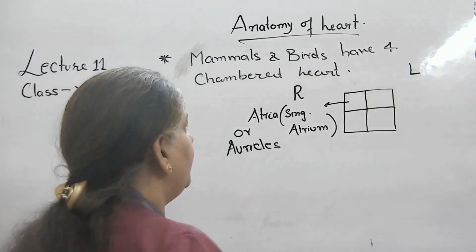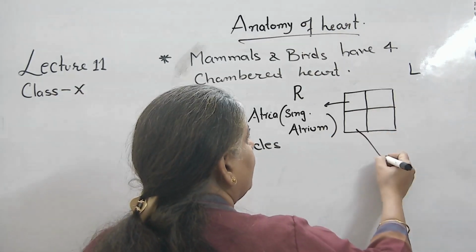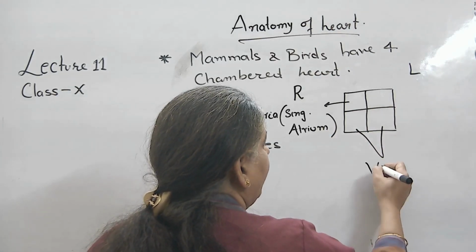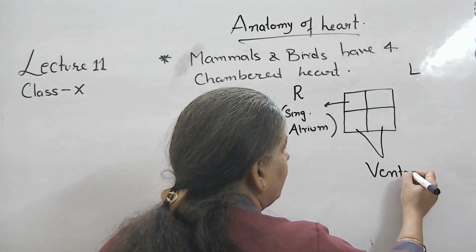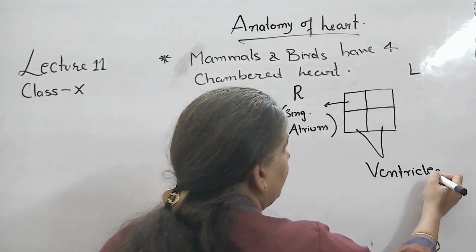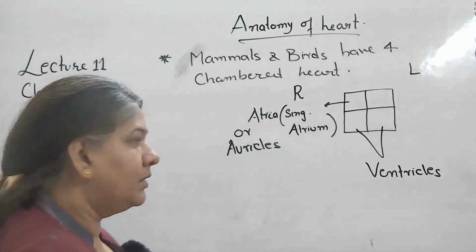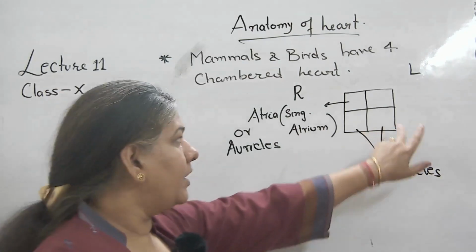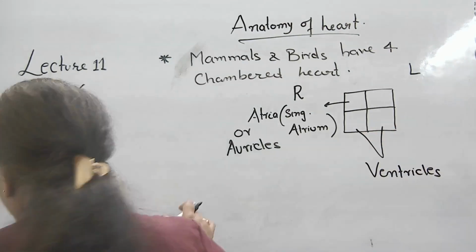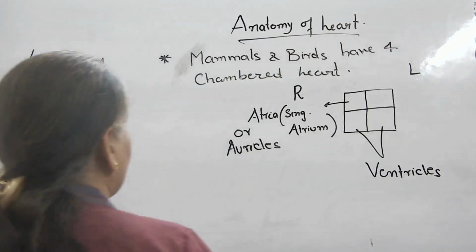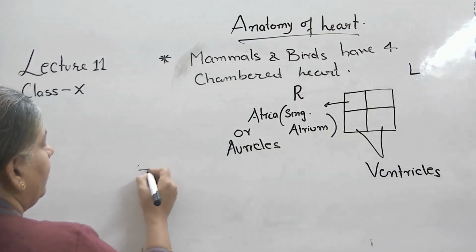And the lower 2 chambers are called ventricles. So this is right ventricle, this is left ventricle. So you may write down the next point.